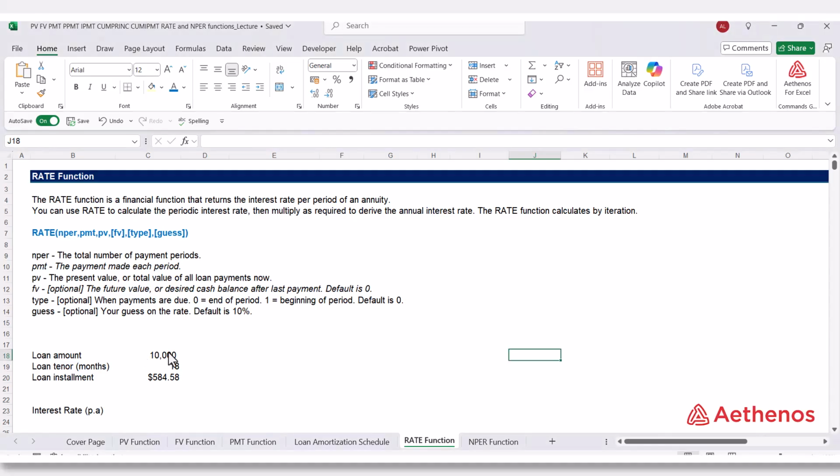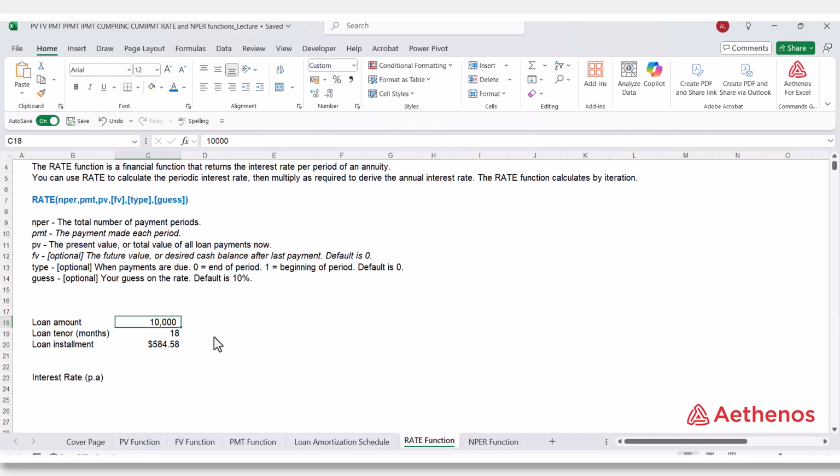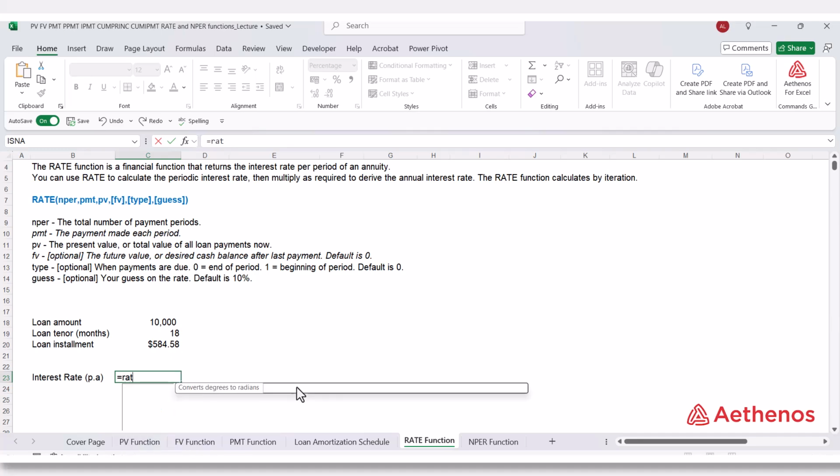So let's take this example. We have a loan of 10,000 over 18 months, and 584.58 is the monthly installment. So we want to infer the interest rate, the effective rate in this loan. So we can write the function equals RATE, and then we have to give the number of payments, 18, and PMT is the monthly payment.